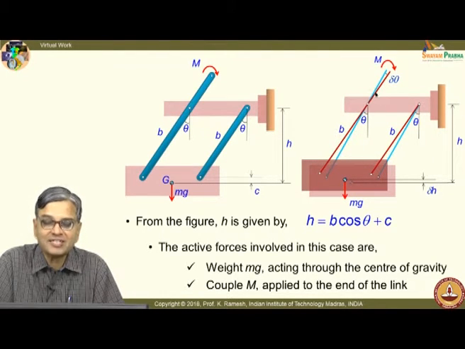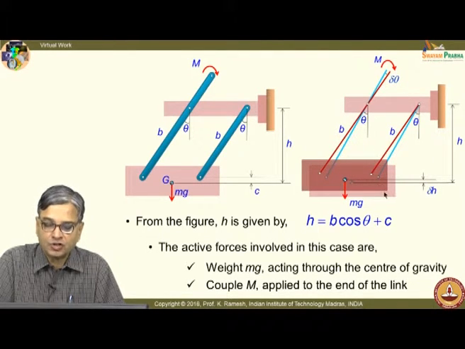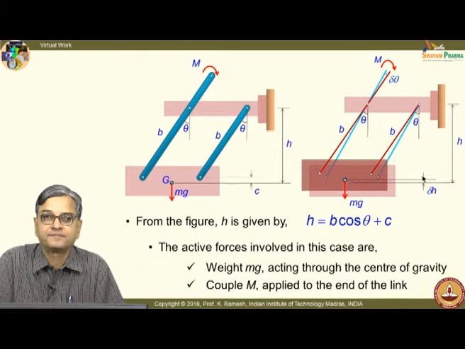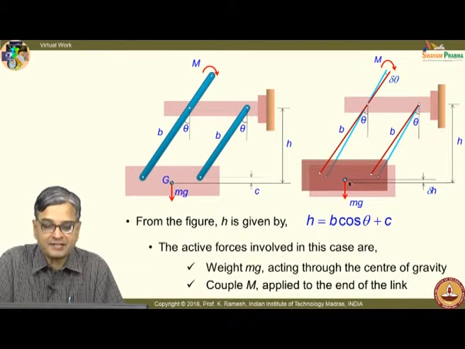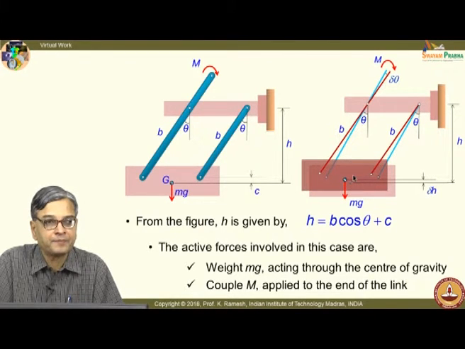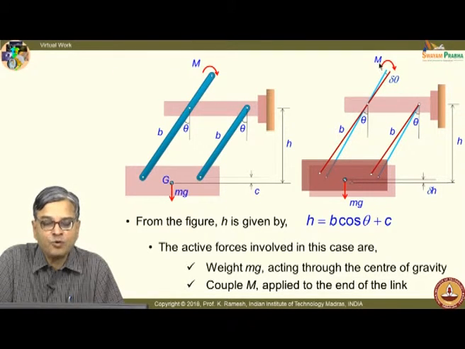You should sketch this very neatly, so that I am in a position to recognize what way the delta h changes. I should see very clearly from my sketch that the mass mg has moved up, whereas the link has moved in the direction of the moment m.